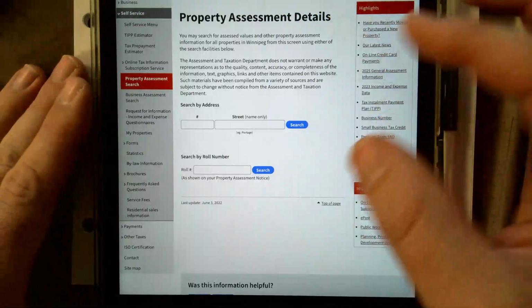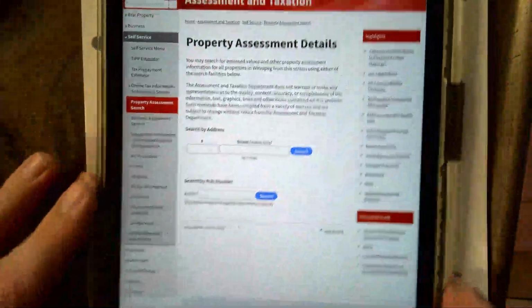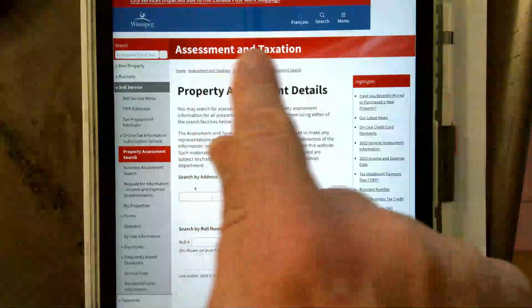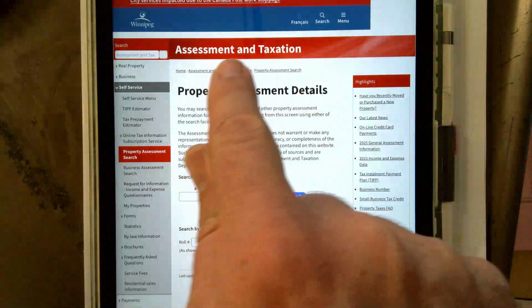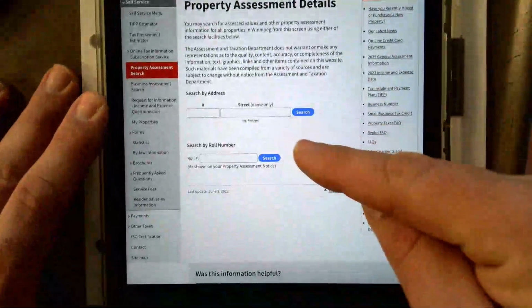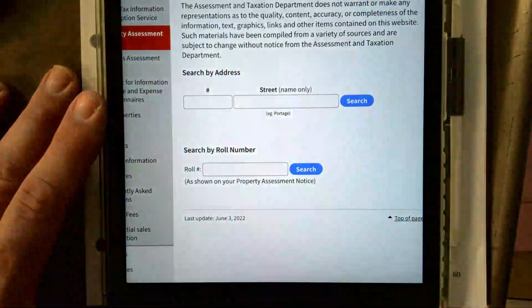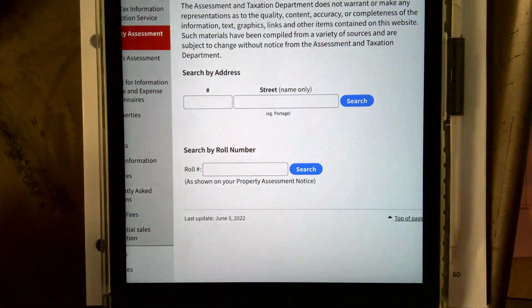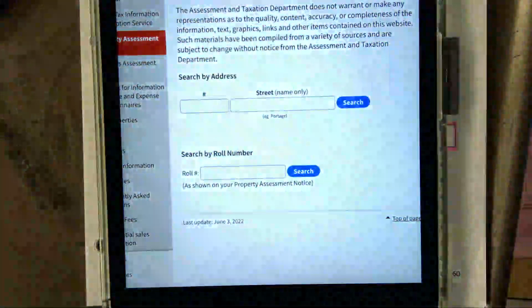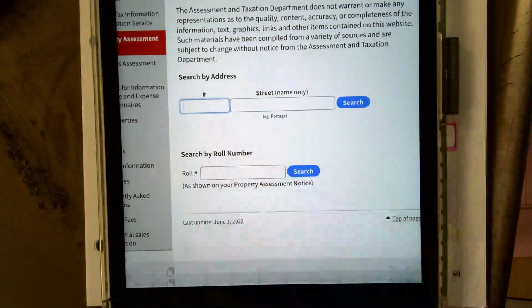So when I scan, if you Google assessment and taxation, or assessment, property taxes, something like that, Winnipeg, eventually you should get to this part right here. And you can actually search by address. The city has kind of like, everything has a value to the city. Every property is valued a certain amount. Otherwise you could cheat the government out of their amount, right, that is owed to them.